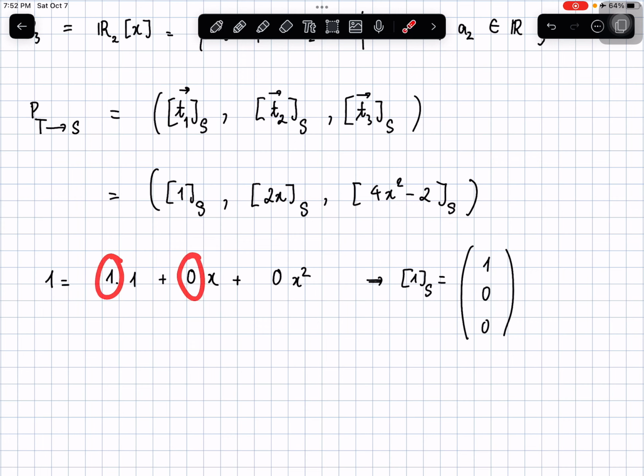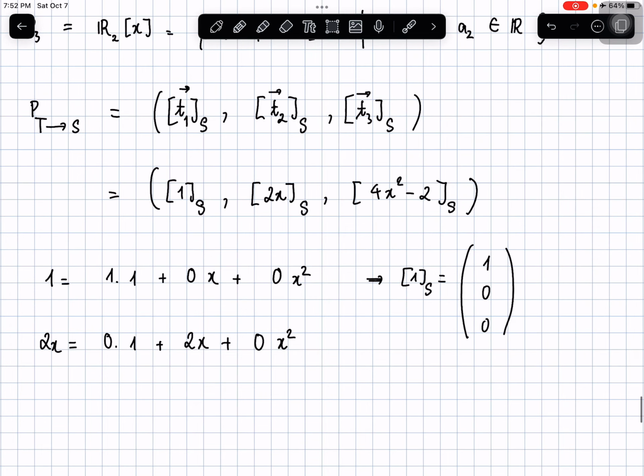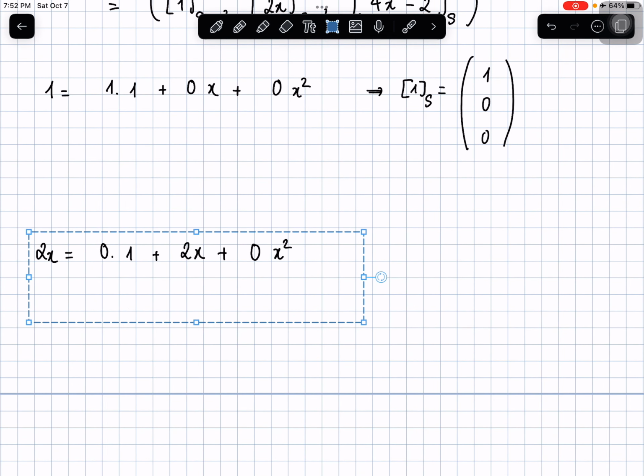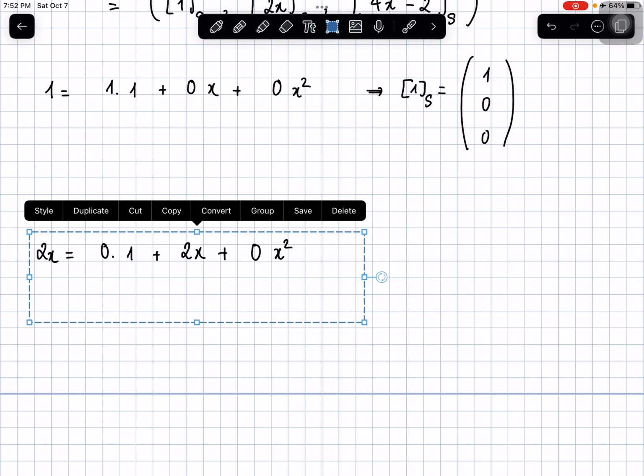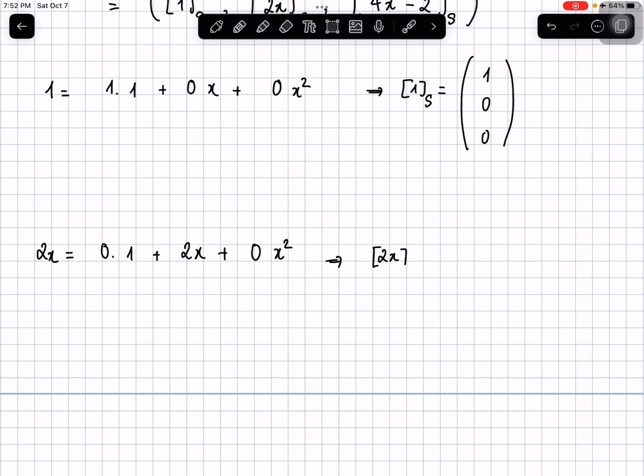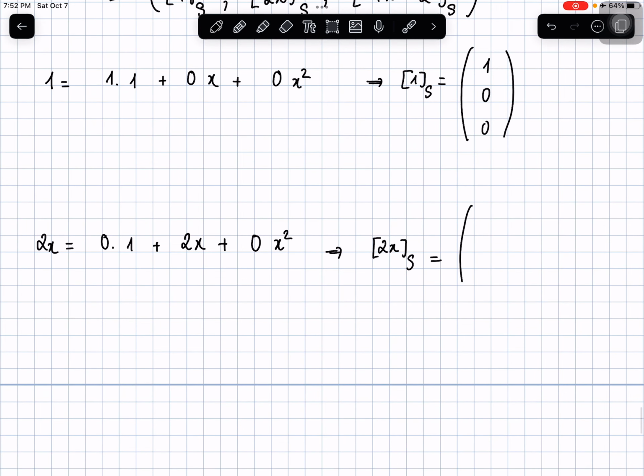Similarly, we can find the coordinates of 2x and 4x squared minus 2. 2x is 0 times 1, 2 times x, 0 times x squared, so the coordinate of 2x with respect to S is (0, 2, 0).